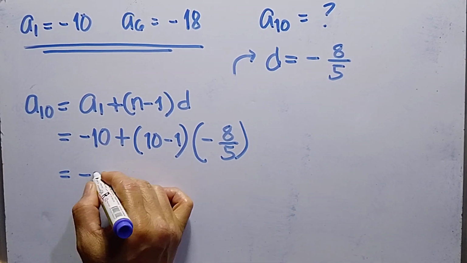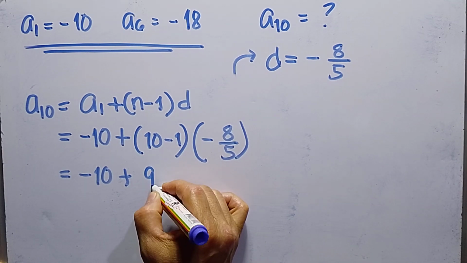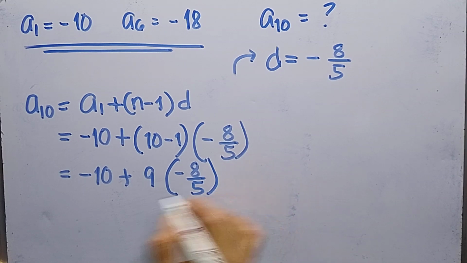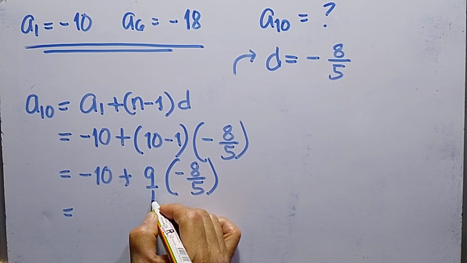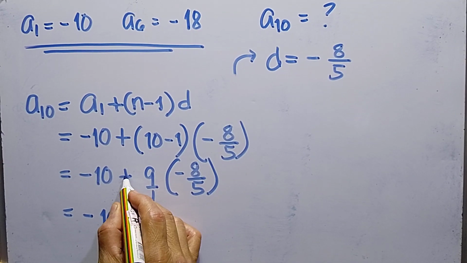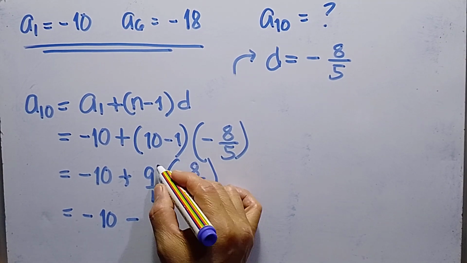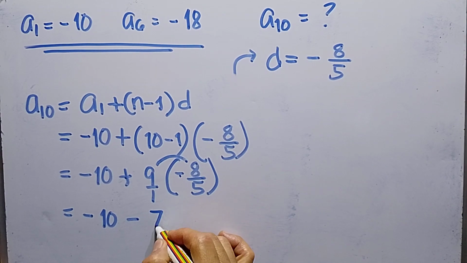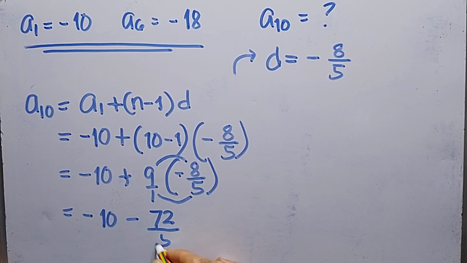So this will be negative 10 plus, what is 10 take away 1? That is 9 times negative 8 over 5. Since this is the numerator, I will put the denominator. Take note, positive times negative will be negative. Then multiply numerators, that is 72. Then multiply denominators, 1 times 5 is 5.